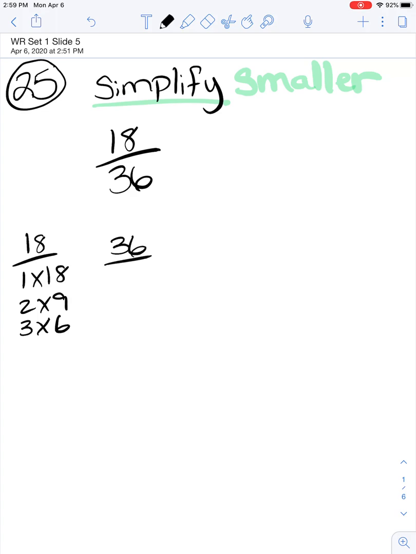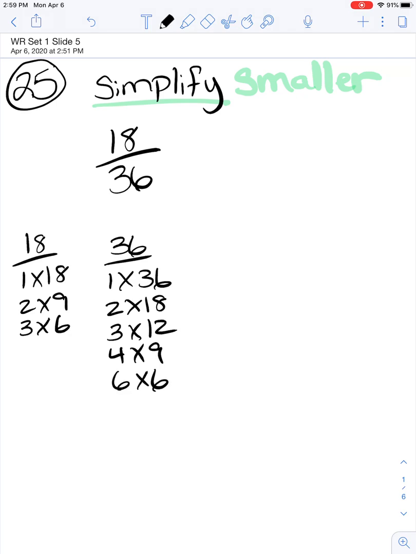For 36, we have 1 times 36, 2 times 18, 3 times 12, 4 times 9, and 6 times 6. So what I like to do is find the greatest common factor.